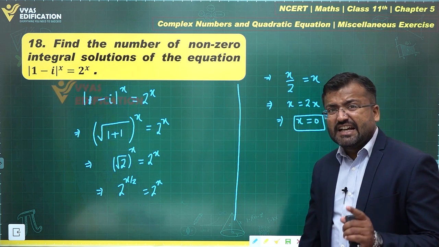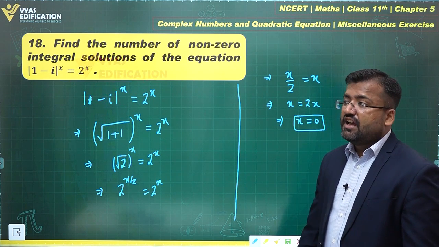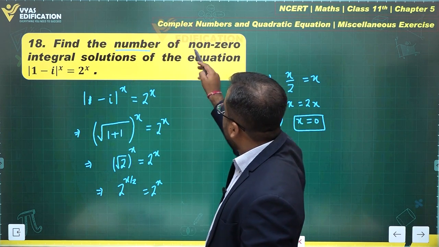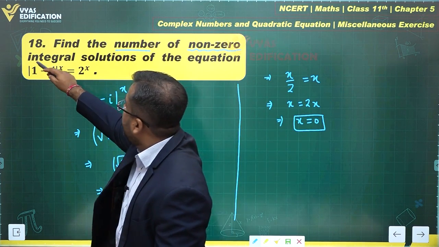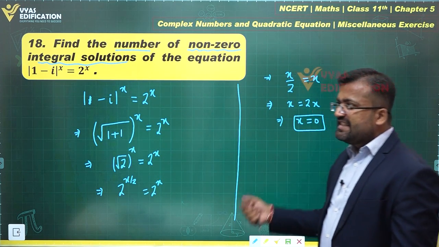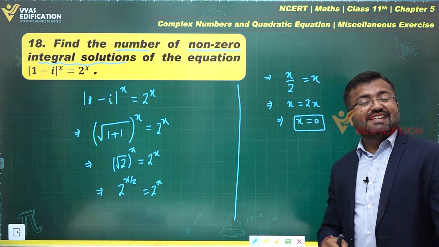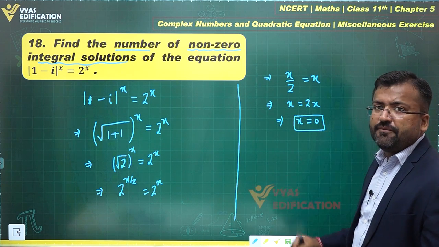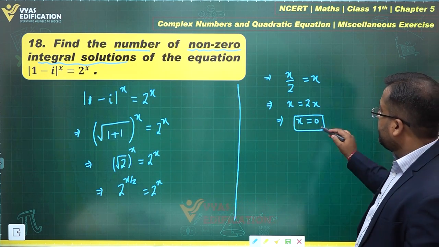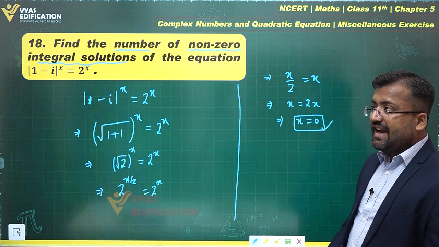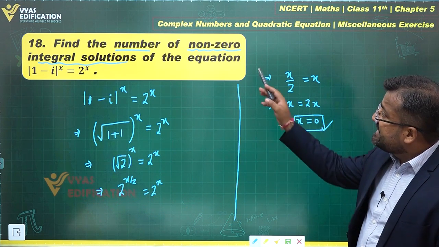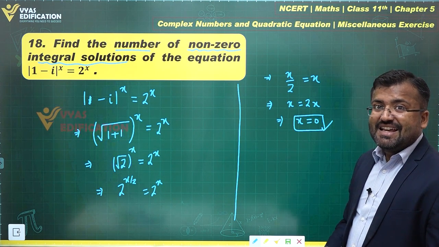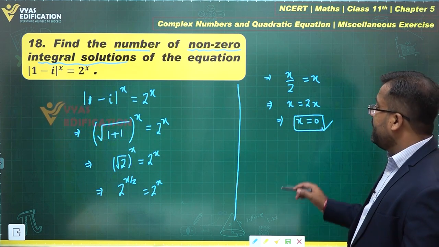Now, that is a solution that I am getting, right? So, the person has asked the number of, mind you, non-zero integral solutions. So, is this an integral solution? Yes. But is it non-zero? No, this is not non-zero. It is 0, right? The final value that I am getting is actually 0. And that is the only possible solution. But since the person has asked for non-zero integral solutions, is there any non-zero integral solution available?